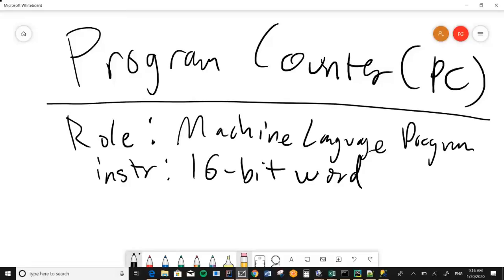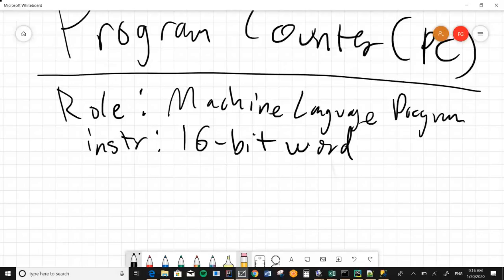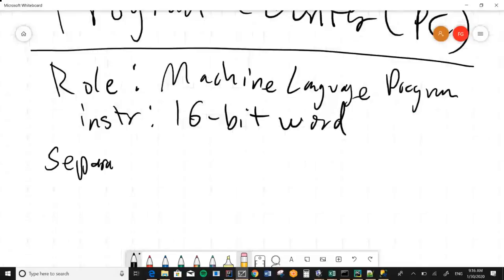On other CPUs, instructions could be a 32-bit word. There are some CPUs where a single instruction might be multiple words. So you might have one word that says something about the instruction, another word that has some parameters for the instruction. On this CPU, to keep things simple, every instruction is a single 16-bit word. These instructions are going to be stored in a separate address space.